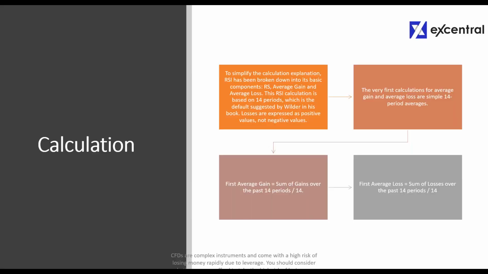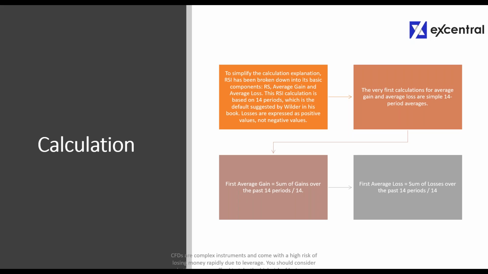So let's simplify this. Like I said, you never have to calculate it, but you do have to understand it. The normal look back period for RSI is 14 periods. If you're using a 1 hour chart, of course, it's 14 hours. If you're using a 1 day chart, it's 14 days. So it's 14 periods.